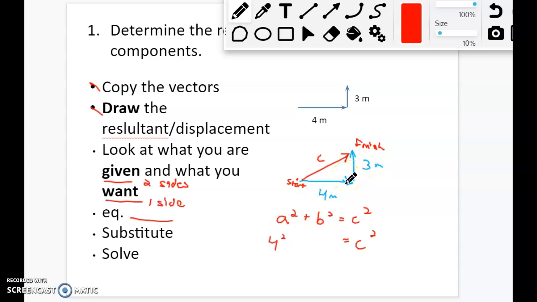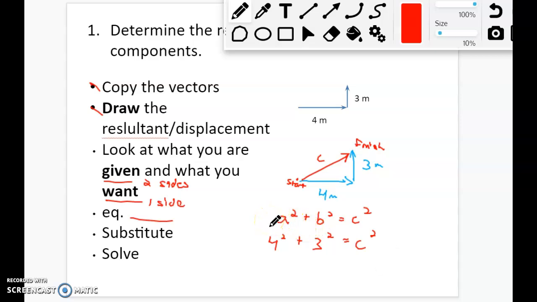In this case, I put 4 squared and 3 squared. I have to keep the squared in the equation. I'm just replacing the a and b with the values that are up here. And now these values are things that I could do in my head pretty quick, and if you want to use your calculator, that is fine. But there are other times where when we do these calculations, you don't have really nice numbers, and using the square button, you just got to make sure that you use the square button on your calculator.